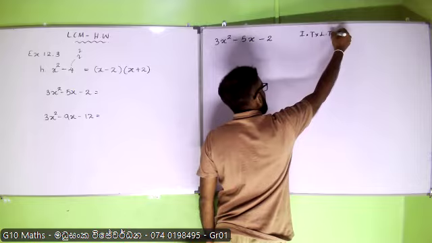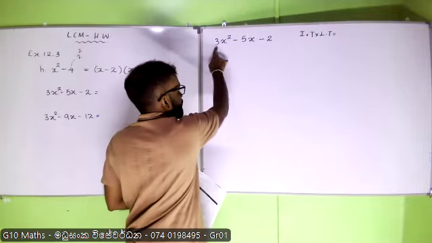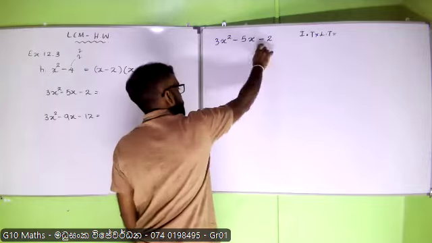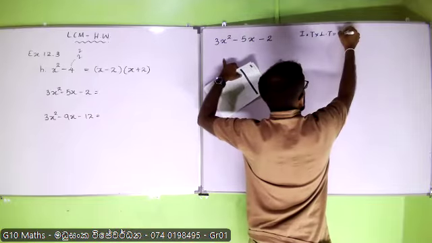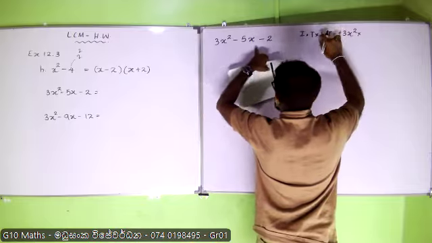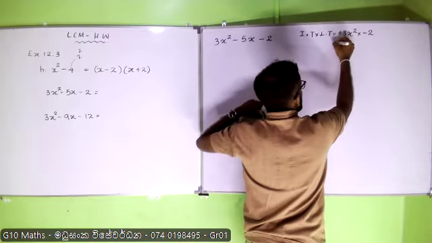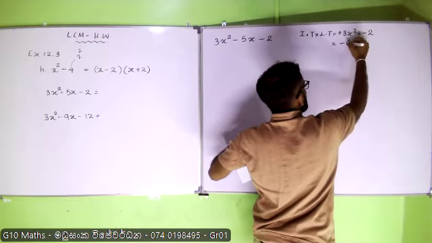The initial term is positive 3x squared, and the last term is negative 2. So I multiply those two: positive 3x squared times negative 2. Positive times negative is negative, 3 times 2 is 6, so negative 6x squared.